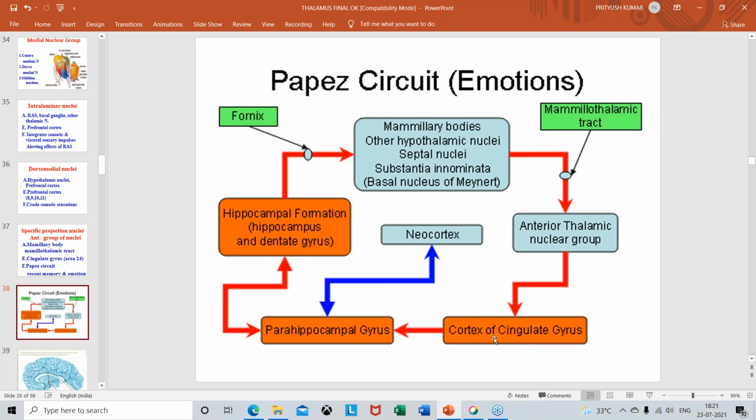From there, it goes to the cortex of the cingulate gyrus. Then it goes to the parahippocampal gyrus. Then it returns back to the hippocampal formation. So it is a kind of circuit. This is known as the Papez circuit, and this circuit is important for recent memory and emotion.